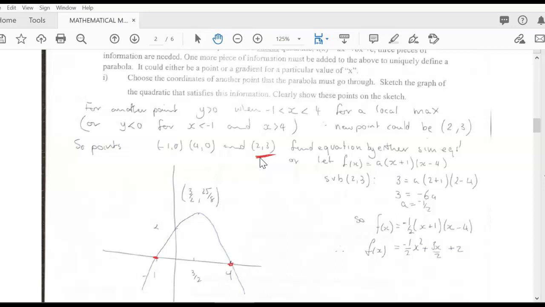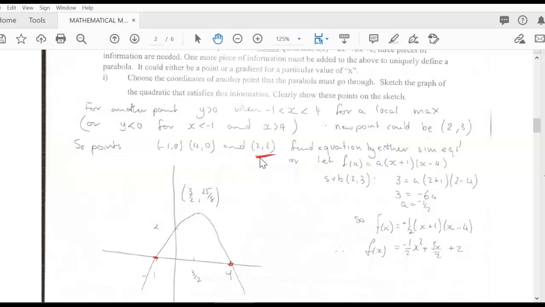Find the equation by either simultaneous equations or let f of x equal a times x plus 1 times x minus 4. What it means by simultaneous equations is you could have it in polynomial form and substitute those values in. So 3 equations, one substituting in (-1, 0), one substituting in (4, 0), and one substituting in (2, 3).